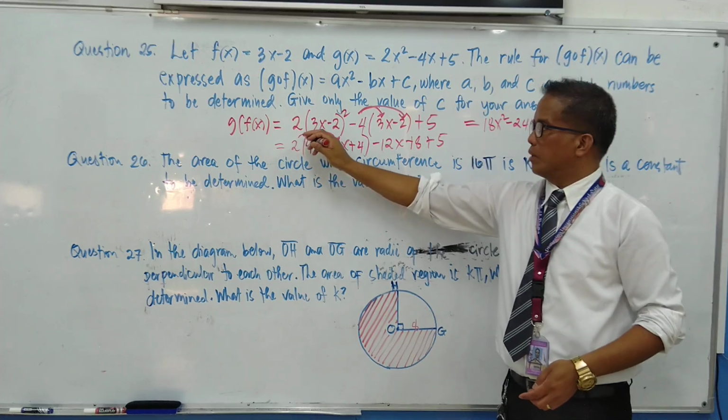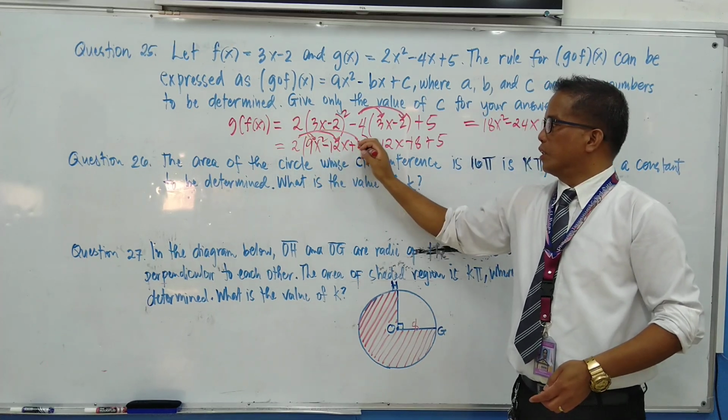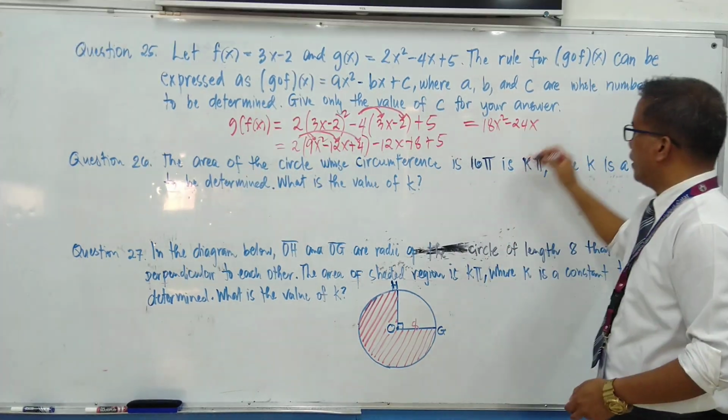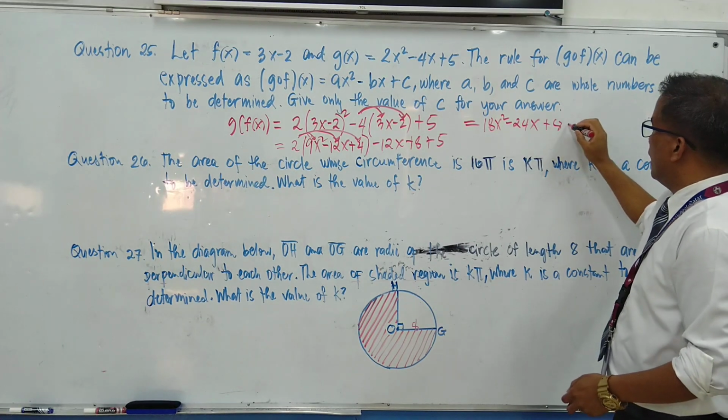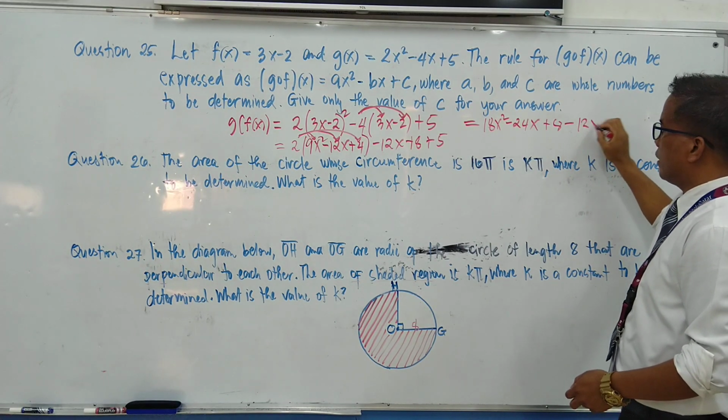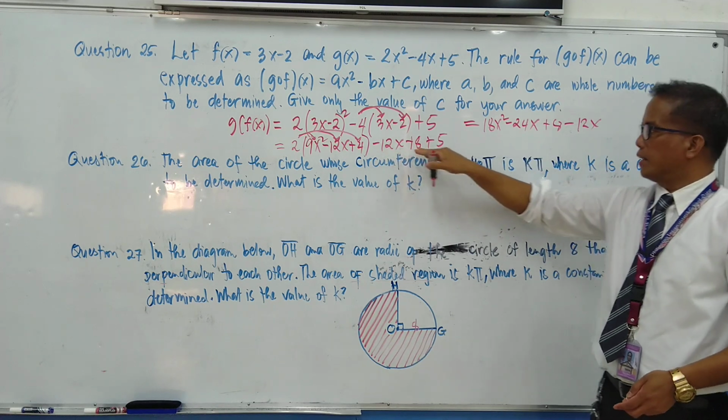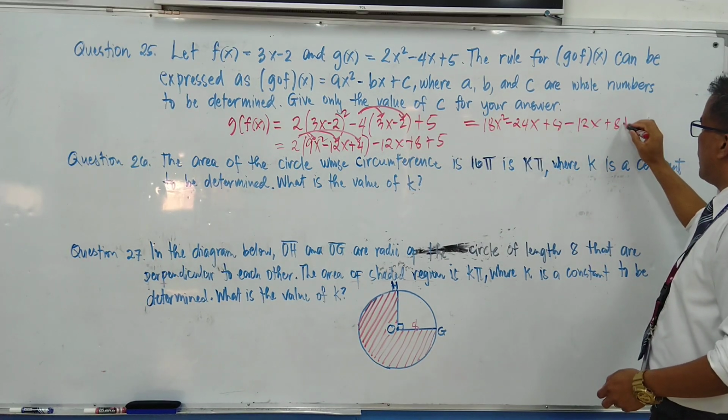Then 2 times 4, so the answer is positive 8, so plus 8. Then minus 12x here, then plus 8 plus 5.